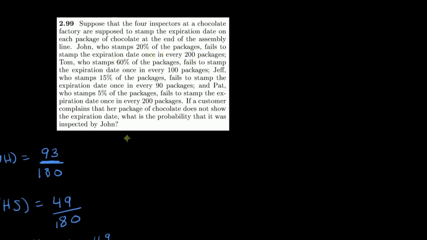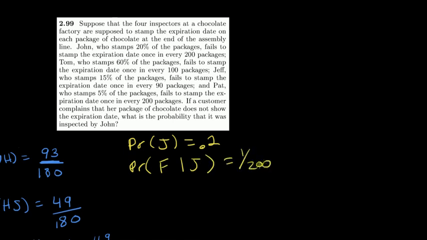All right, so first let's write down a few things we just learned there. The probability that John does the stamp is 0.2. Okay, and given that John did it, the probability that he fails to make the stamp is 1 out of 200.